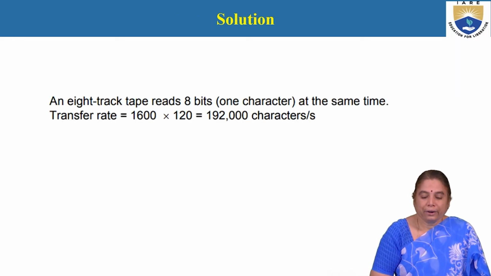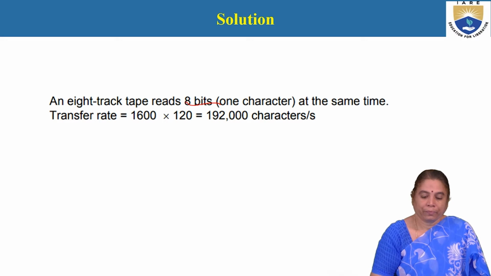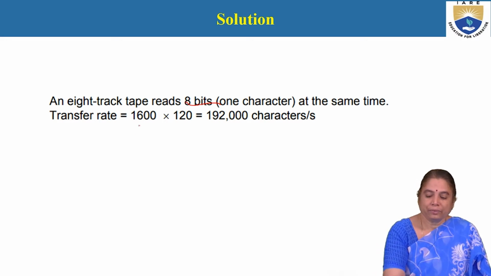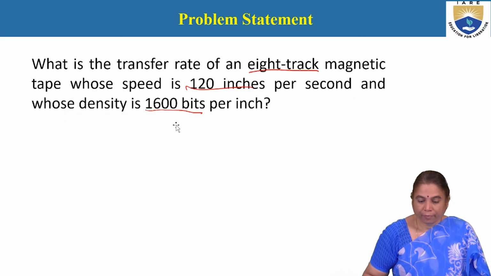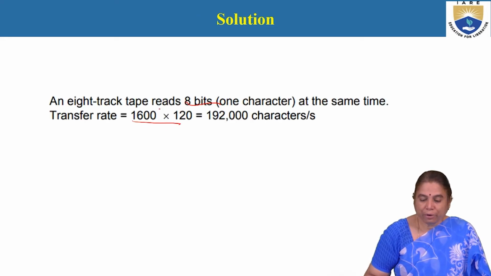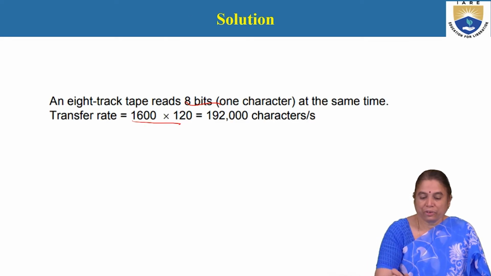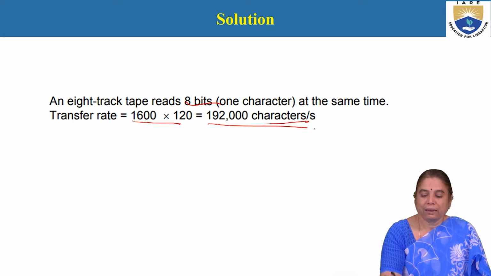An 8-track tape reads 8 bits, 1 character, at the same time. So the transfer rate is the density, 1600, times the speed, 120. So a total of 192,000 characters per second can be read.